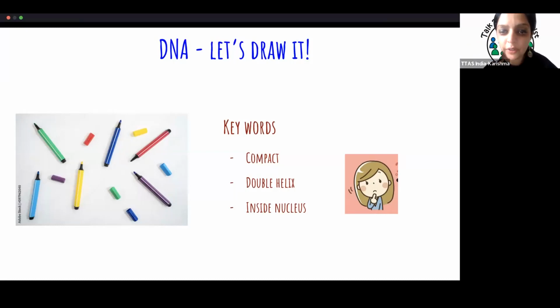Wonderful, Suvarna. Double helix looks beautiful. Well done. Oh, wow. Wow, Kavish. That looks large and complex and beautiful. Beautiful, Kavish. Anyone else with DNA? Okay.